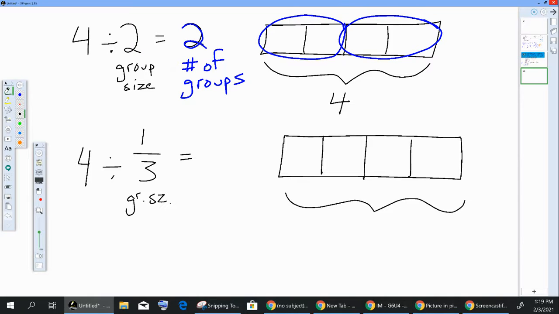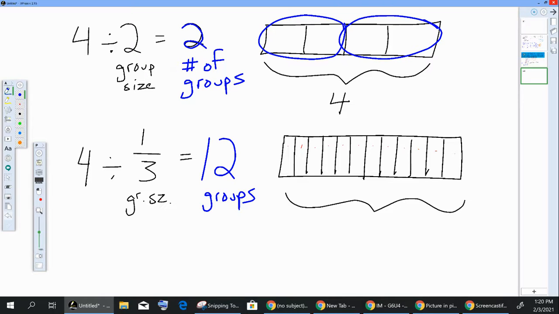If the group size is 1/3, then I need to break up every one whole into thirds. So I'm putting 2 lines for each one, so there's 3 spaces. So now I've got 12 spaces altogether, right? 1, 2, 3, 4, 5, 6, 7, 8, 9, 10, 11, 12. So the answer is 12 because there are 12 groups, and each one is the size of 1/3.